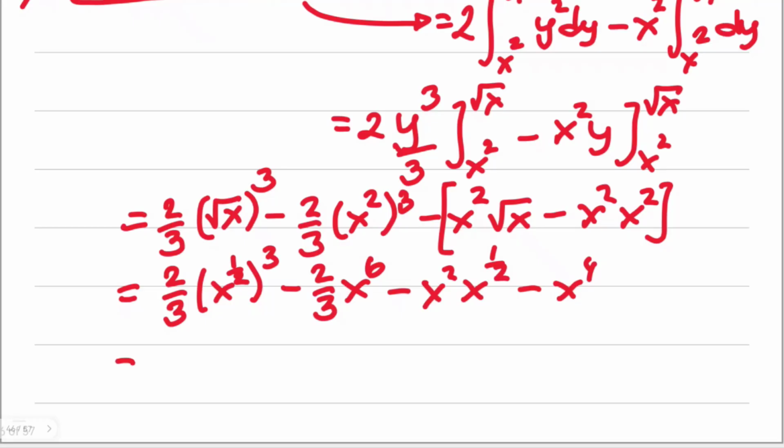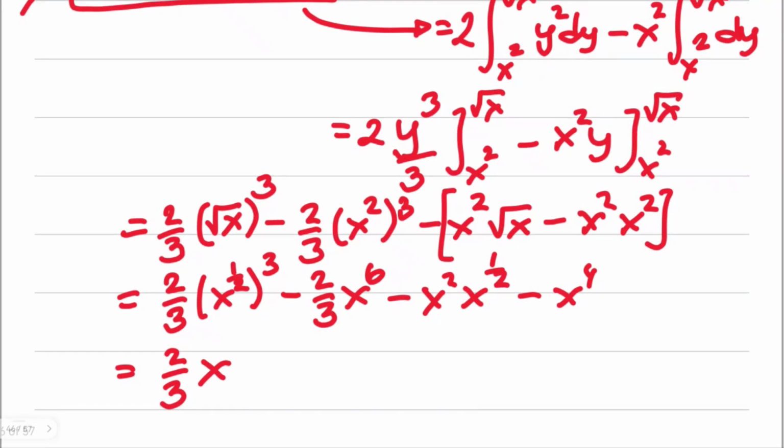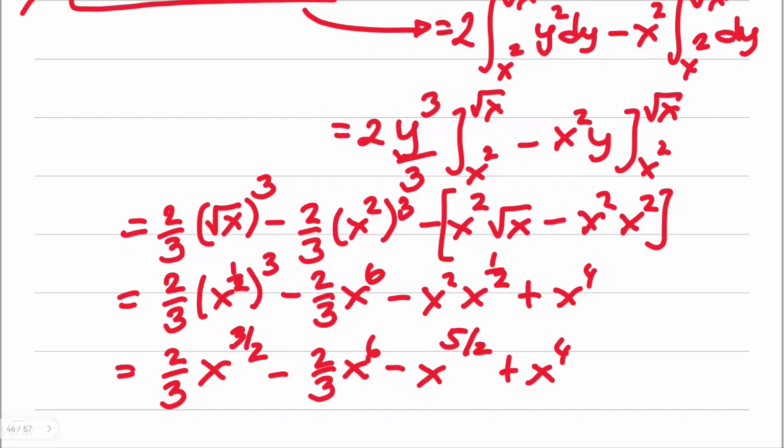So this again, 2/3, applying the laws of exponents, x to the power of 3/2 minus 2/3 x to the power of 6. Take note this is 2 plus 1/2 or 5/2. So you have x to the power of 5/2. And you have here, sorry, this should be plus because of double negative property. That's why I had grouping symbol earlier. So plus x to the power of 4. Okay, so none of those terms can be combined.